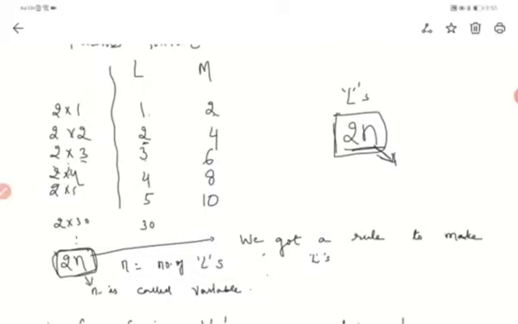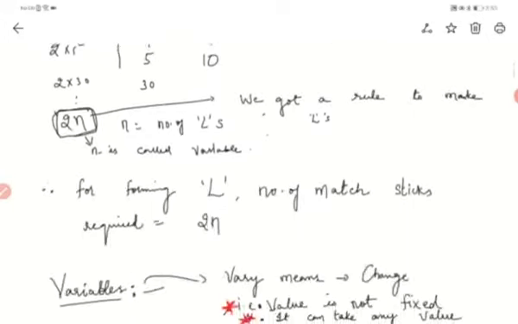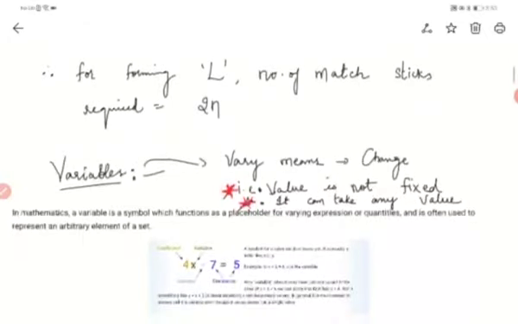Understand properly: a variable is a letter or alphabet used in maths, or you can say in algebra, which holds any kind of number. It is not fixed; it can be any value, any number.